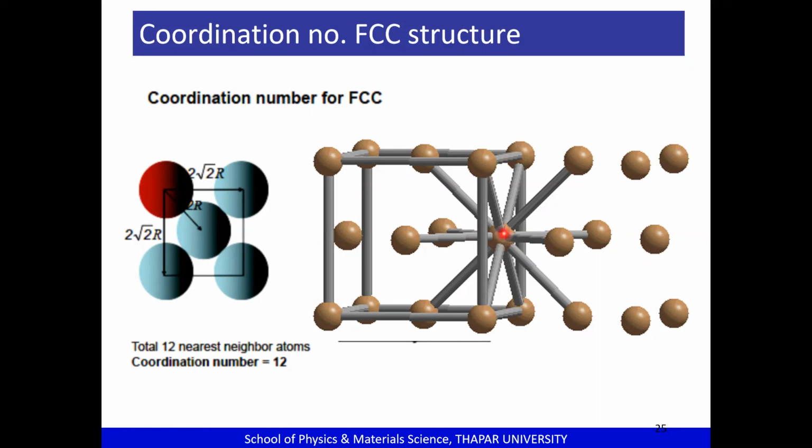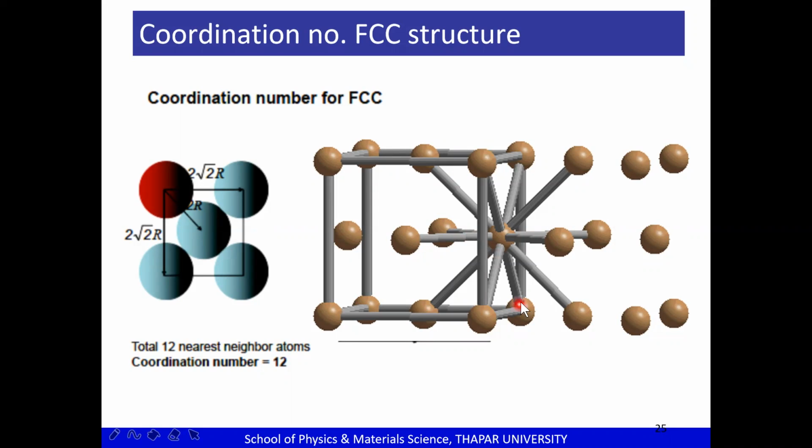So you can easily visualize 4 nearest neighbors belonging to this particular atom. Now, if I look at the back face of this unit cell, then I can find one more central atom which is also at the same distance. Likewise, I find another atom on the front face, another atom on the top face, and another atom on the bottom face. So, how many in total?